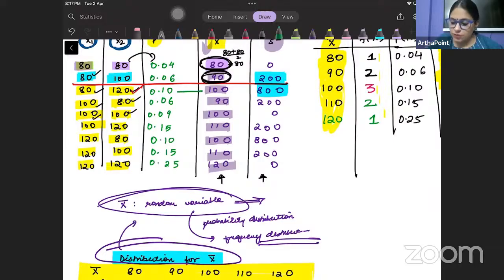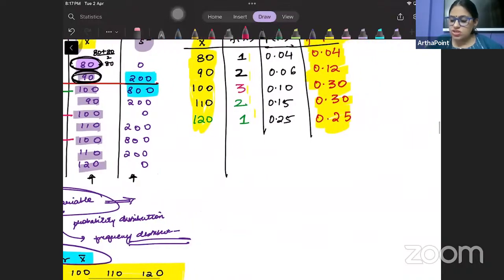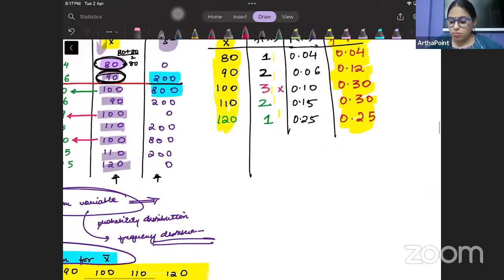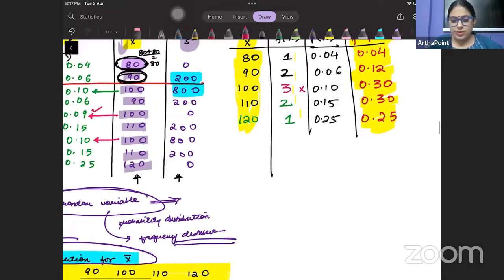You notice that here for 100, the probability is 0.10, and here it is 0.90, and again here it is 0.10. It is not the case in any other case, but only for 100, it is like this. So, just directly multiplying with 3 will give me a wrong answer because one of the probabilities differs, to 0.9.